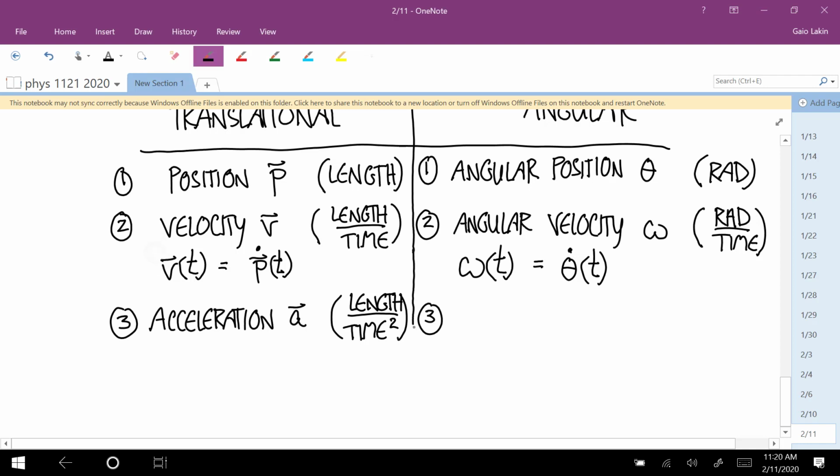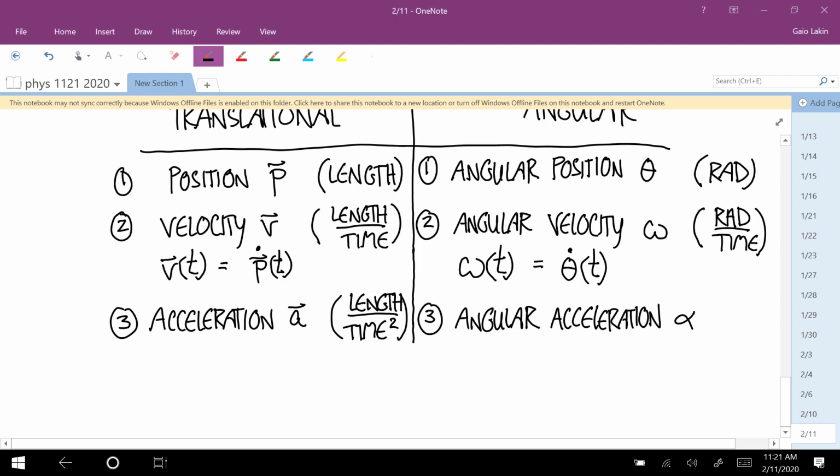And the analogous angular quantity is the angular acceleration. We'll denote that with the Greek letter alpha.